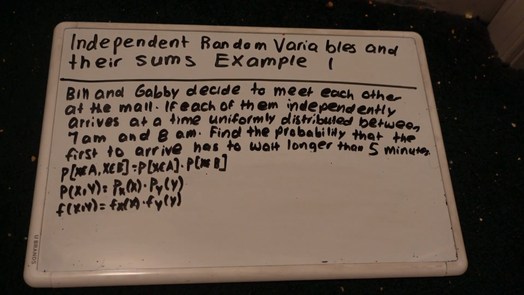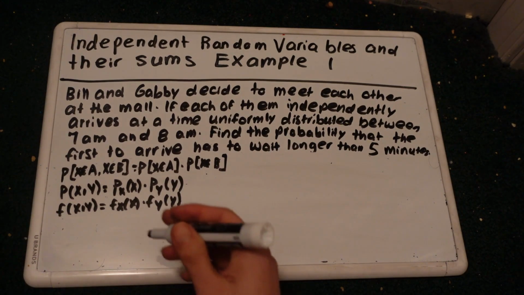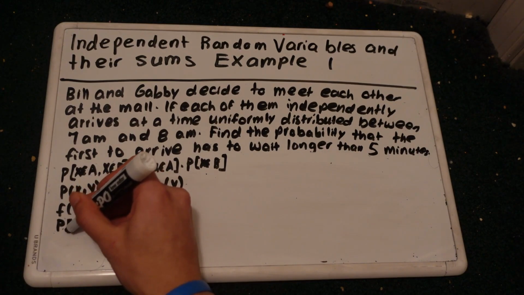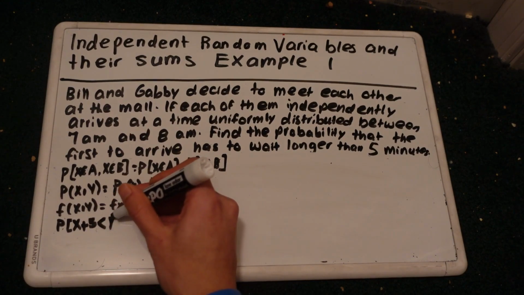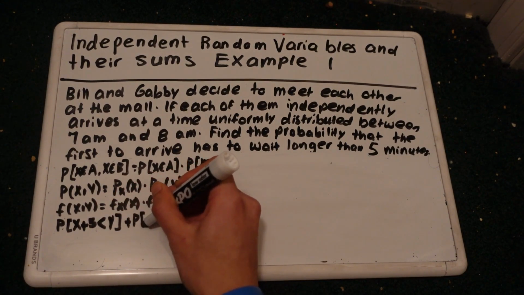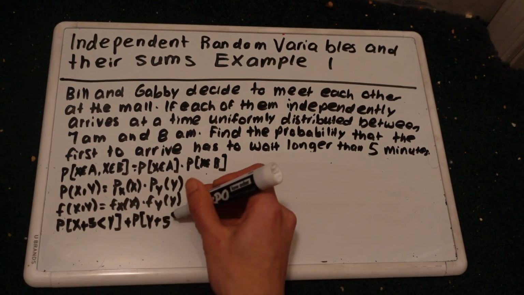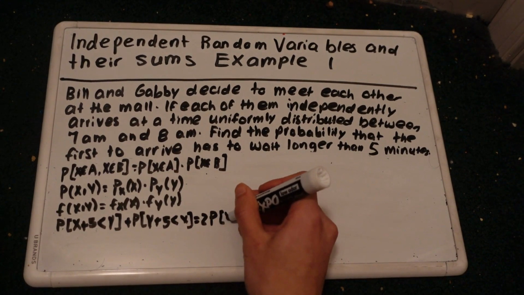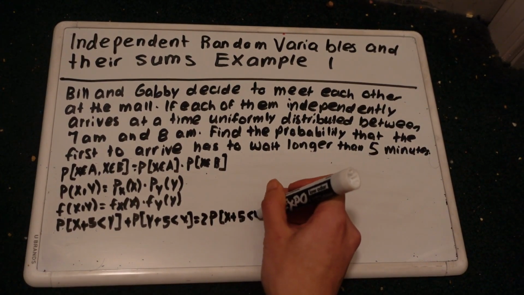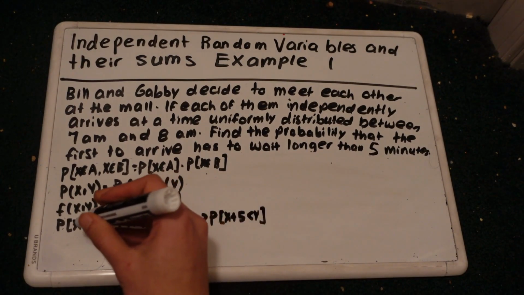If we let x and y denote the time past 7 that Bill and Gabby arrive, then x and y are independent random variables, each of which is uniformly distributed over 0 to 60. So the probability would be the probability that x plus 5 is less than y, plus the probability that y plus 5 is less than x, which is equal to 2 times the probability that x plus 5 is less than y, which is just the symmetry of that.